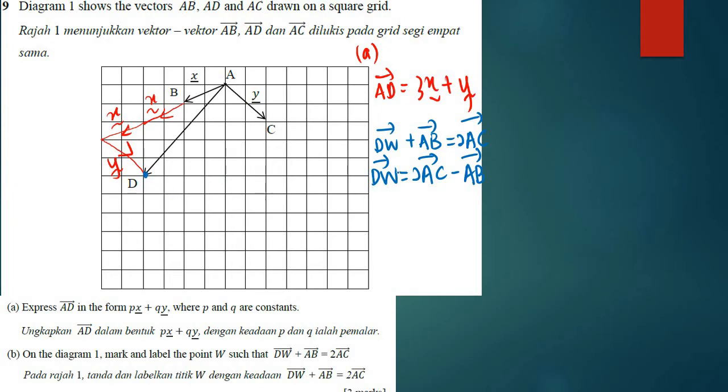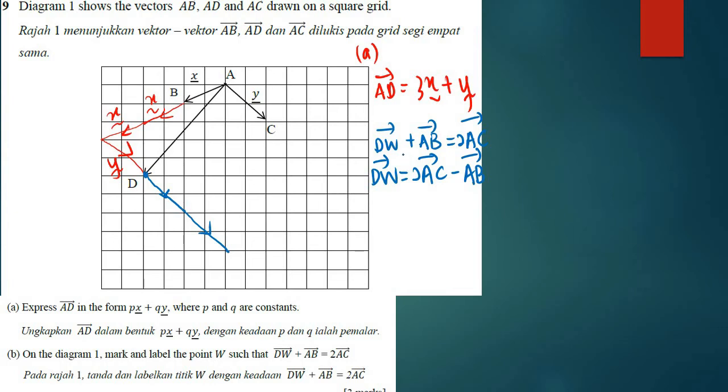Okay, notice that DW is 2AC. So AC is the diagonal of 4 boxes. So we have to draw 1AC, 2AC, right? 2AC. Then minus AB. What does the minus mean?